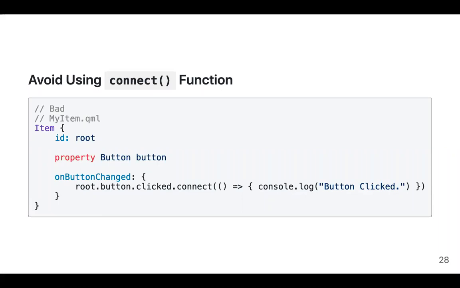But this is not an ideal way of doing it. First, because as you can see in this example, it's an imperative assignment. And second, this especially becomes apparent in places where you're using models and delegates. If you're using this connect function to connect to a signal and your item is destroyed, that signal connection may not be destroyed.